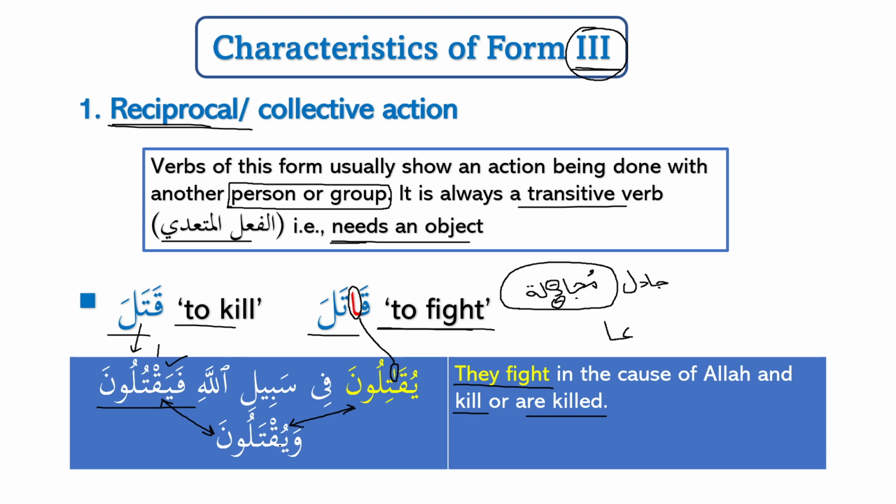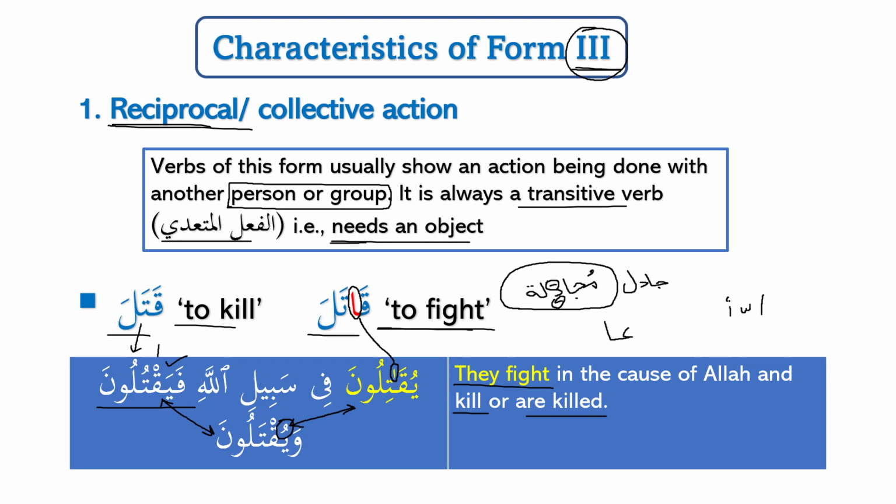So you need to be very careful whenever you see dhamma on the mudari, as there might be confusion whether it is form number 2, 3, or 4. However, if you pay some extra attention, you will figure out that there should be one extra alif, or an extra tashdeed, or, in form number 4, what is extra? An extra hamza.